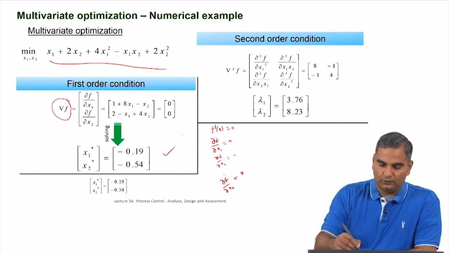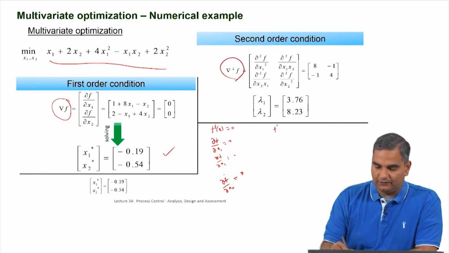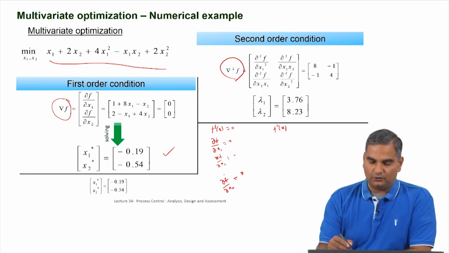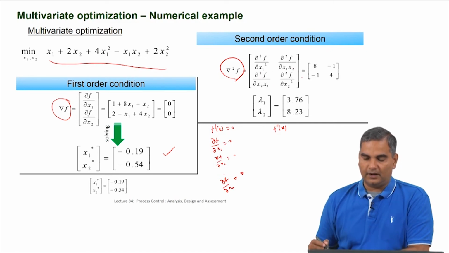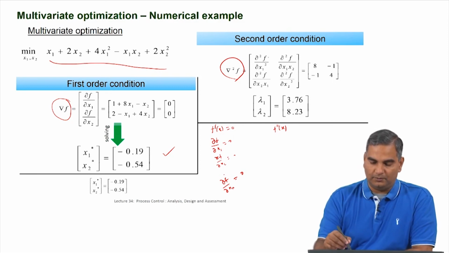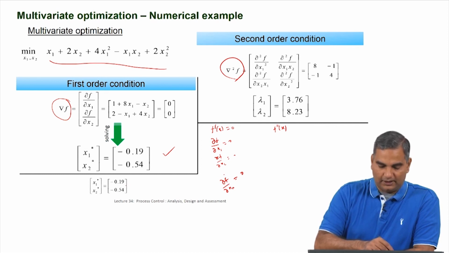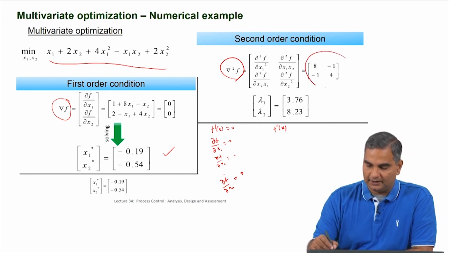What you do is you do this second derivative matrix. In the one variable case we looked at f double prime x. In this case we look at a matrix which is ∂²f/∂x1², ∂²f/∂x1∂x2, ∂²f/∂x2∂x1, ∂²f/∂x2². So, once you compute this matrix in terms of x1 and x2, you substitute the solution that you get, x1 and x2, into this matrix, and you will get a matrix like this.